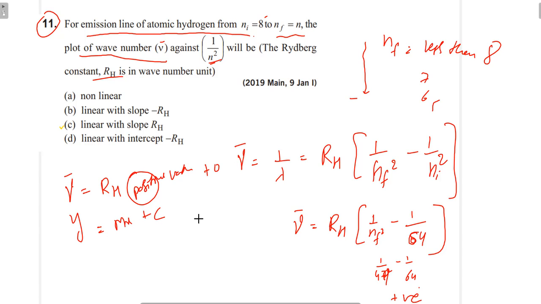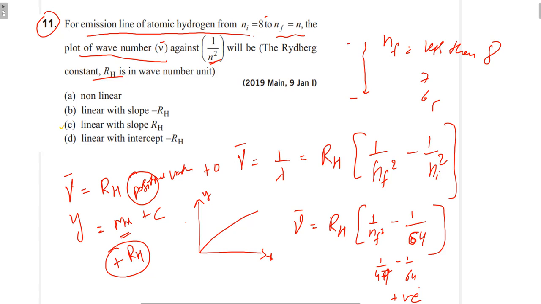In this graph, what is the slope? RH is the slope. Okay, x axis and y axis. It is coming through the origin, so the graph will be moving upward with slope m. What is the slope here? RH is the slope. Here two options are there, slope minus R and plus R. Obviously plus R is the slope. We never get the minus value, because n final is always less than 8.